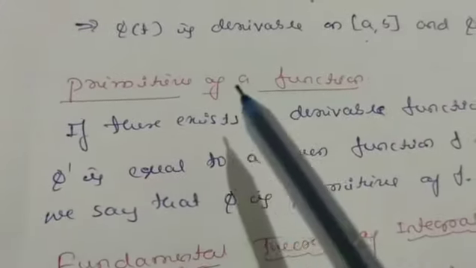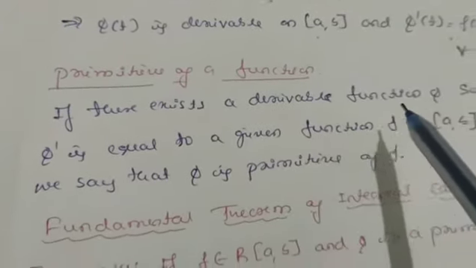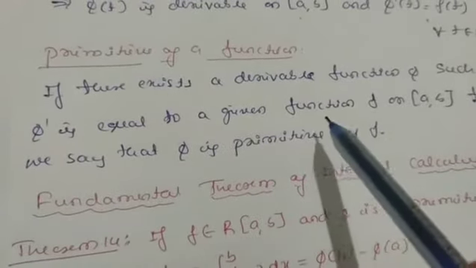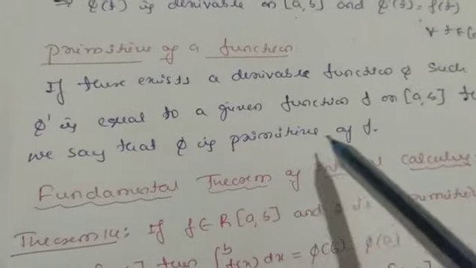Next let us take primitive of a function. If there exists a derivable function phi such that phi dash is equal to a given function f on [a, b], then we say that phi is primitive of f.